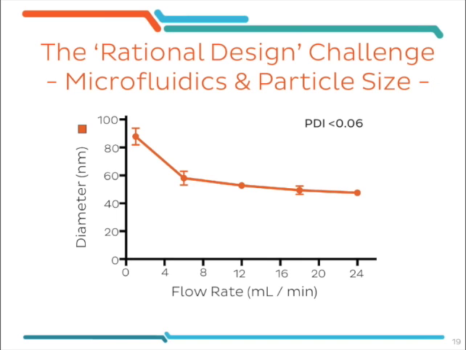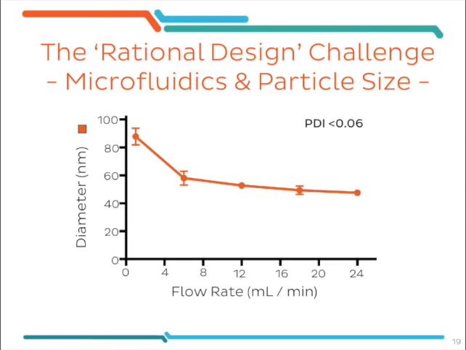Now, the mixing speed is directly influenced by the flow rate or the flow speed of the fluids in the microfluidic channel. And at a millisecond level, this mixing speed actually dictates how the single lipids assemble into nanoparticles. In this example here, the lipid nanoparticles were formulated in the nanoassembler benchtop instrument using a microfluidic cartridge.